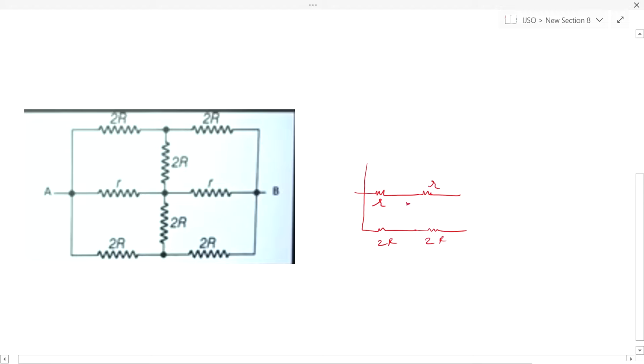So there is 2r, but it is not connected. There is again 2r, but it's not connected on top. This is the concept basically. This is how you have to solve. This is A, this is B. By default, current won't pass through this.